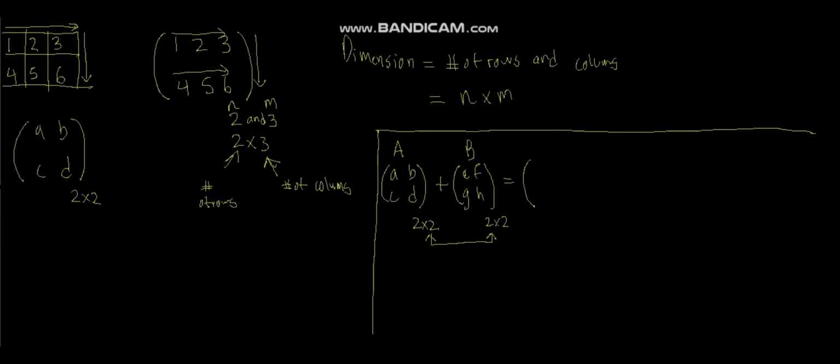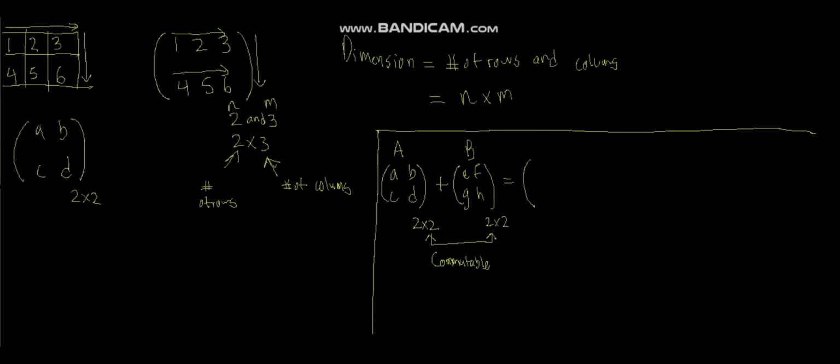This property is called commutability of matrices. So the matrices are commutable. We need to make sure that any matrices we intend to do operations on are commutable.